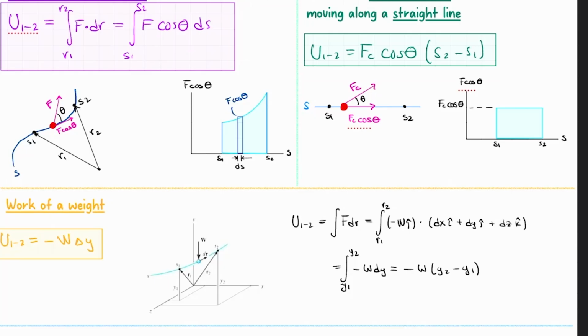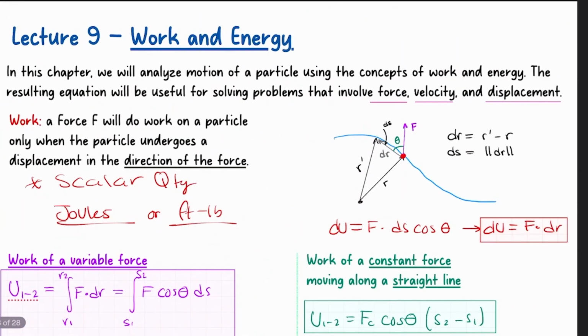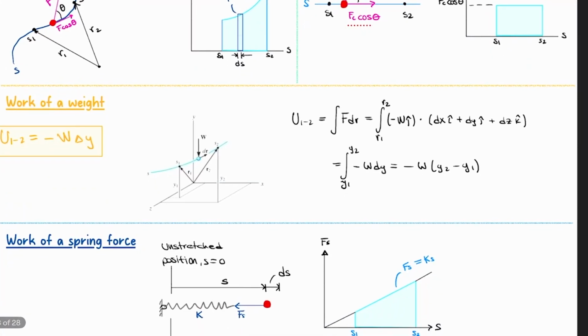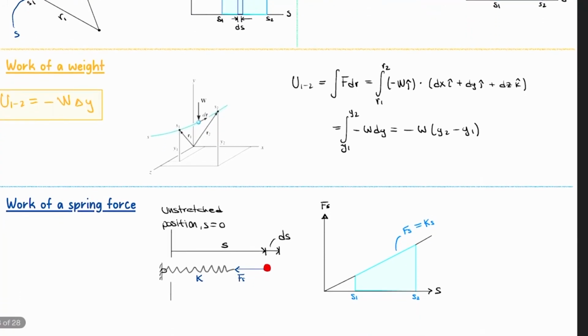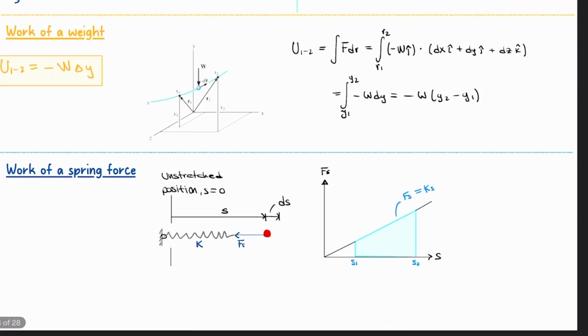We write it as negative because if our particle is trying to move up and the weight always acts down, then it will be causing negative work. But if both of them are going down, then it will add. You can find the derivation in the book. I'm not going to go through the derivation, but just know that that is the formula for finding the work due to weight.